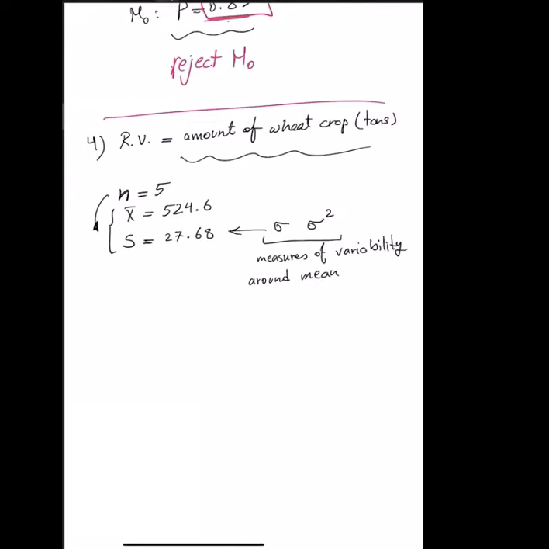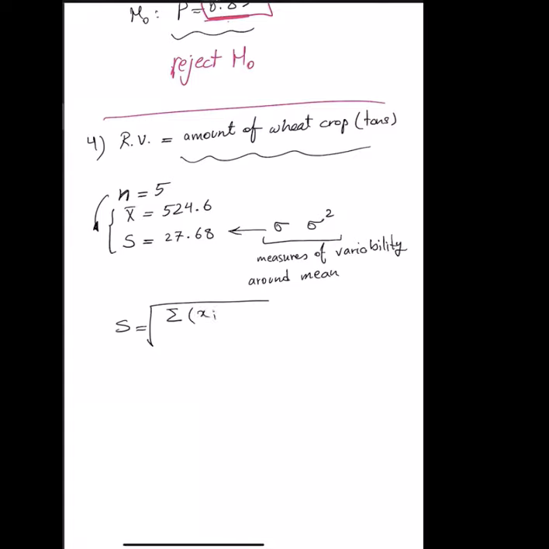So the way to calculate S, this is the formula. Square root of... Do we have to know this formula for the exam? It's one of the ones that I think you had in module 6, but the formula is not hard.